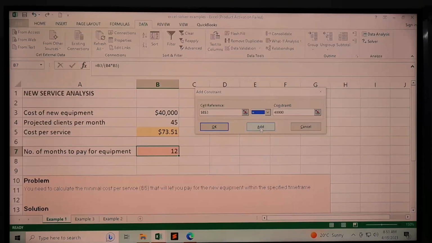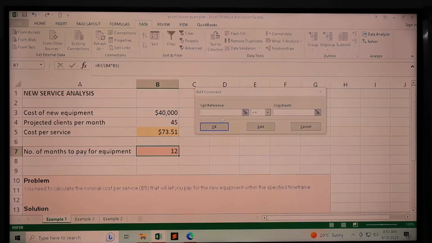Then we need to add the next parameter. So here you're told that the new equipment cost equals $40,000. Then to add another constraint, you click add, and it gives you the next reference.